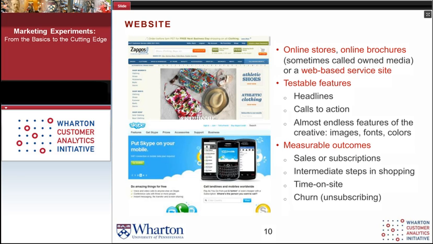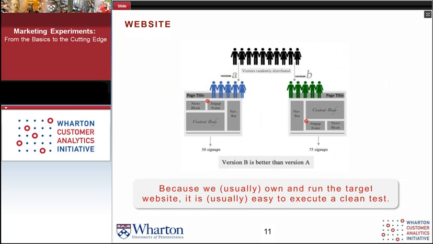And it's also pretty easy to execute a test on a website. It takes a little bit more coordination, say, with your IT department. But because we usually own and run the target website, it's usually easy to execute a clean test in this kind of environment. In fact, there's free tools out there.